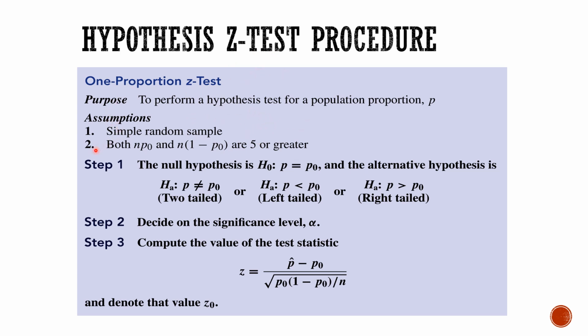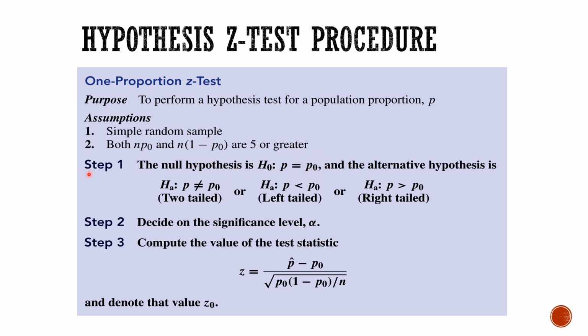Now, the one proportion z-test is for the performance of a hypothesis test. The assumptions are that it must be a simple random sample, and number two, both n times p sub 0 and n times 1 minus p sub 0 are 5 or greater. What is p sub 0? P sub 0 is the proportion stated in the null hypothesis statement.